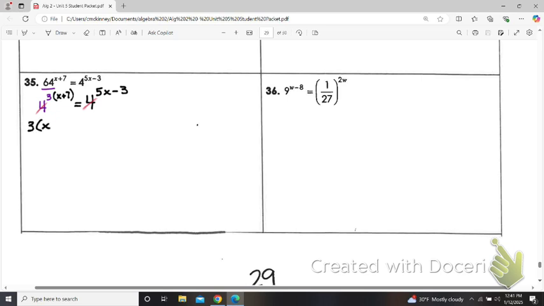And you can write this, or perhaps you might choose to distribute as you write it down. So 3x plus 21 is 5x minus 3. Need to work to get those variables to the same side. Perhaps you'll choose to put them on the right. I'm just going to choose to put them on the left.